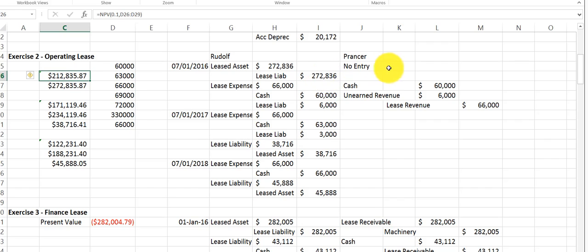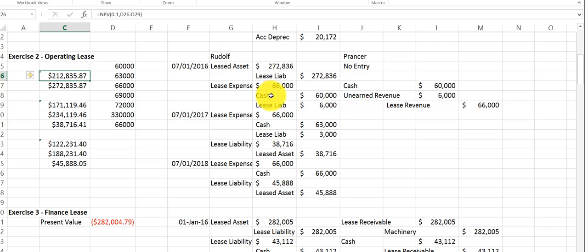On the Rudolph side, Prancer does not make it. The seller or the lessor does not record an operating lease at the inception. Okay, there's no entry there. Now, when we record lease expense, it is for the amount we added up all of the payments, got $330,000 divided by 5. So the average or the straight line amount of rent revenue or lease expense is 66.